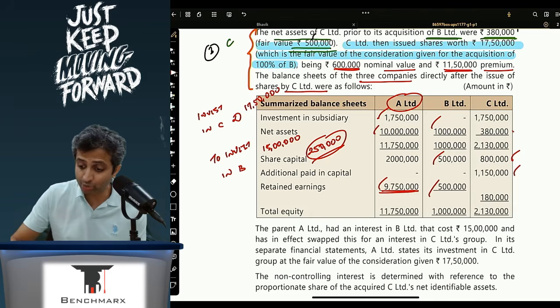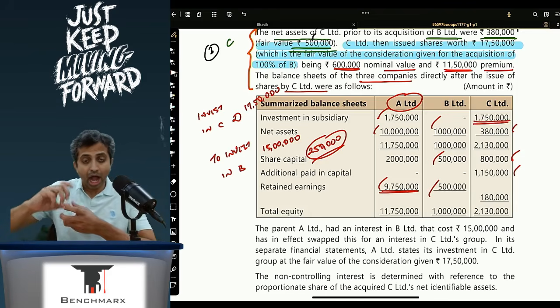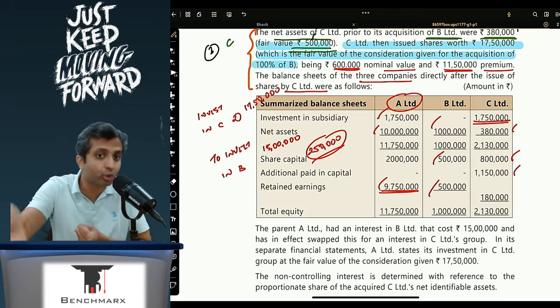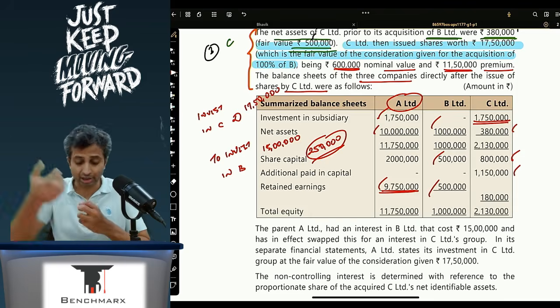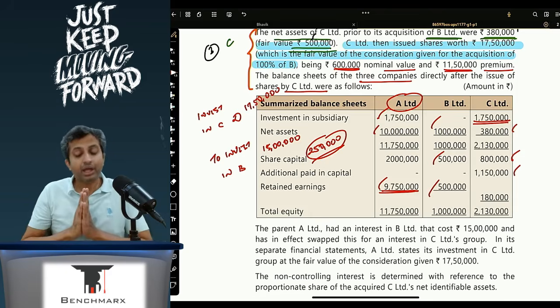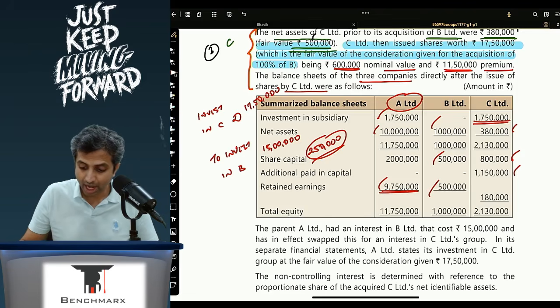3 lakh 80 was the book value of your assets, and then I'm acquiring business of B. I am acquiring in my SFS business of B, which is worth 17 lakh 50. I'm giving my own shares of 17 lakh 50 in return. It's like a barter. So for me 17 lakh 50 appears as investment, and you will have 3 lakh 80 as the other net assets.